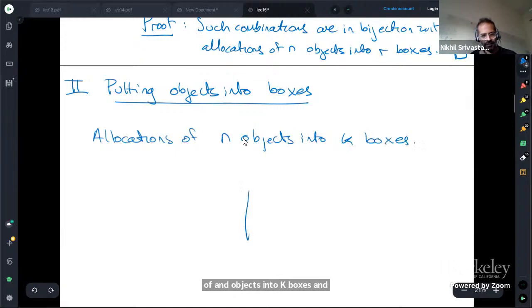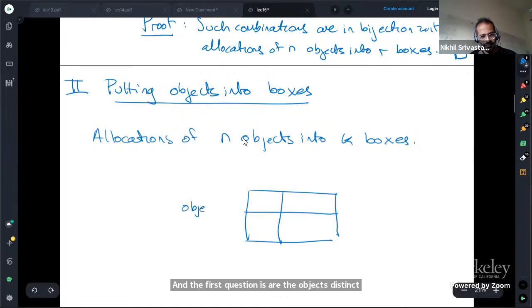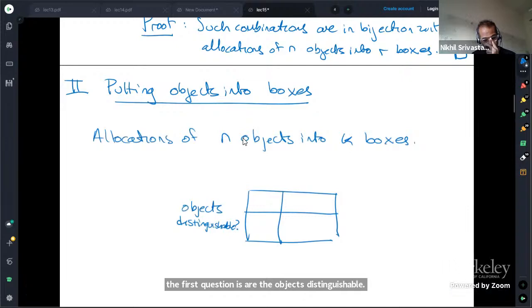And again, I'm going to make a table. And the first question is, are the objects distinguishable? Distinguishable is just another word for, can you tell them apart, or are they labeled? The book also used the word labeled.